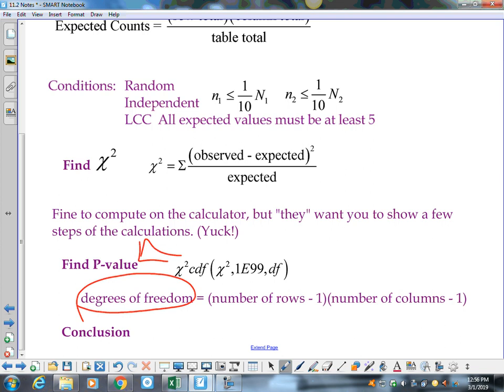What if I had freshmen, sophomore, junior, seniors? So 4 would be 3. And then pizza or no pizza, so that'd be 1. So 3 times 1.